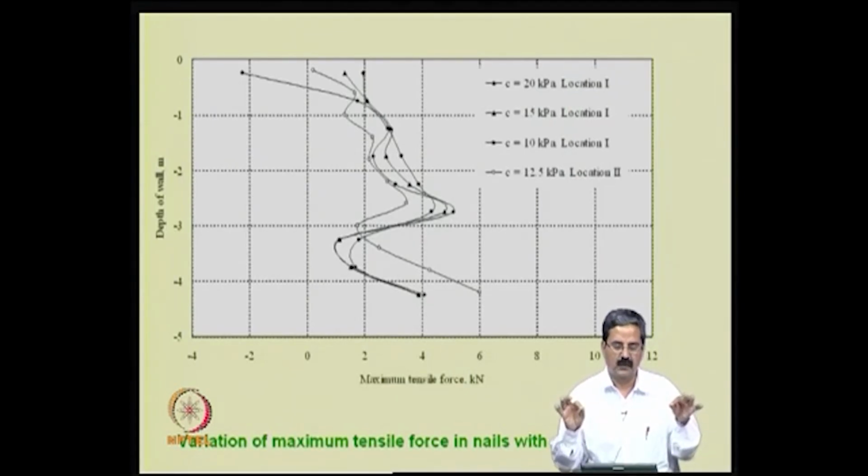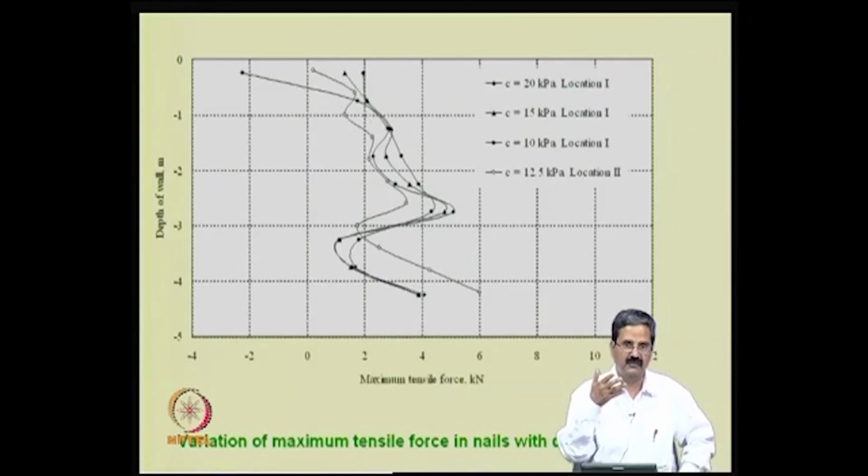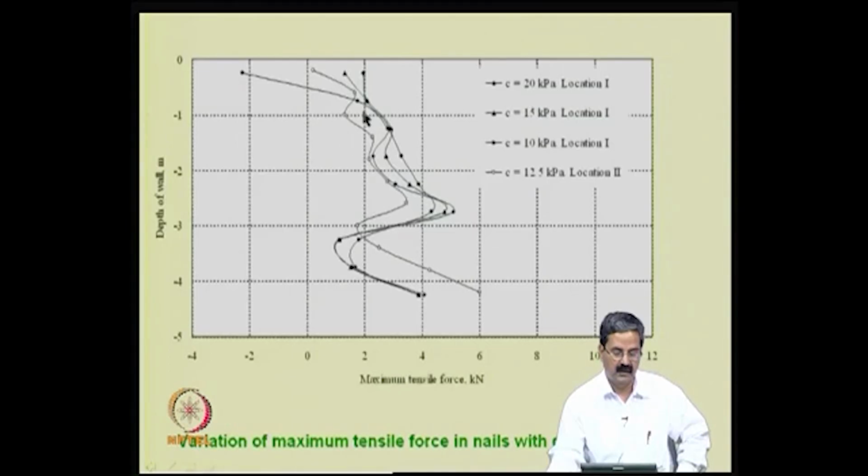If you just see what happens, then shear strain contours will develop and all that, and you keep on doing the same, put reinforcement, and you can calculate what is the tensile force mobilized in the reinforcement. You can see that, for example, when you excavate up to -1, there is something like minus 2 kilonewtons, then you come to -2 or -3 meters, there is some change, is it not.